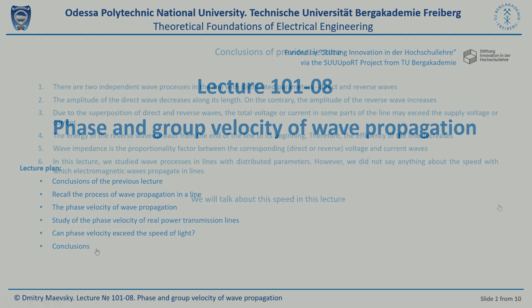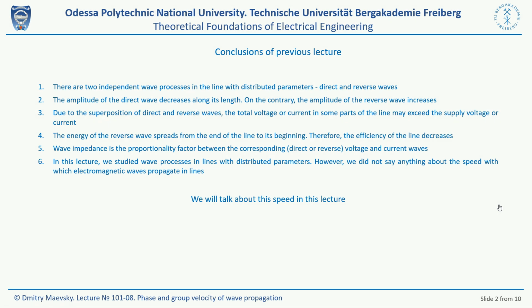So, let's start. In the previous lecture, we found out that two independent wave processes operate in a line with distributed parameters, direct and reverse waves. A direct wave propagates from the source of energy at the beginning of the line, and its amplitude decreases with increasing distance from the beginning.